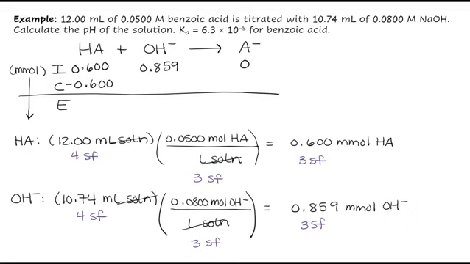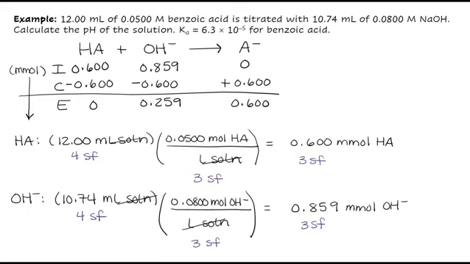So that's minus 0.600 for HA, minus 0.600 for OH minus, and plus 0.600 for A minus. The HA goes to 0. Our hydroxide, 0.859 minus 0.600, gives us 0.259 millimoles, and our A minus is at 0.600.